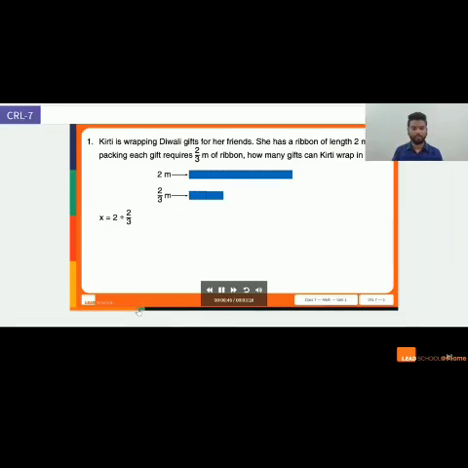We already know how to multiply fractions. Now, let's see how to write this as a multiplication statement. So the number of strips, or X, times 2/3 will be equal to 2. Here, I just want your attention.